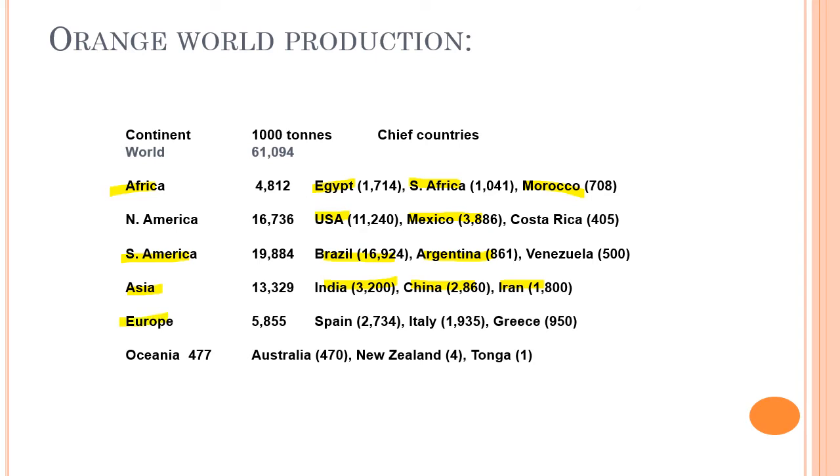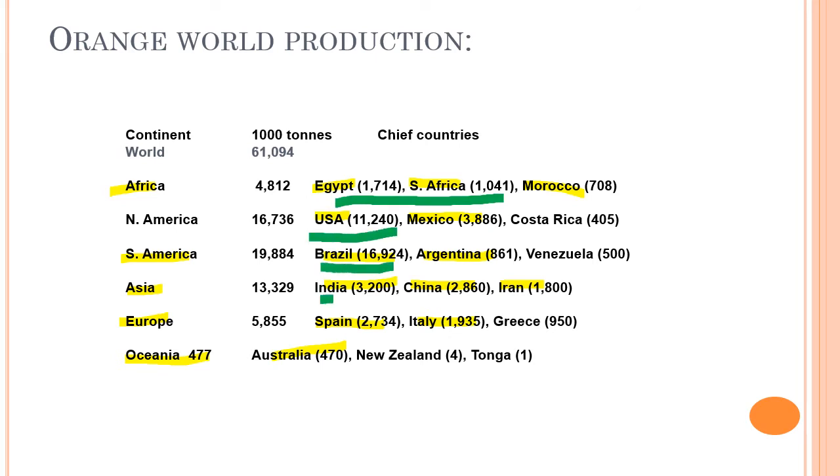In Europe, Spain is the largest, and they produce Valencia orange, as you already know. Italy is next, and then Greece a little bit. In Oceania, in this continent, Australia is the leading country. I think it is very little in Tonga and New Zealand. So these are the countries that produce the most citrus throughout the world, the leading countries.